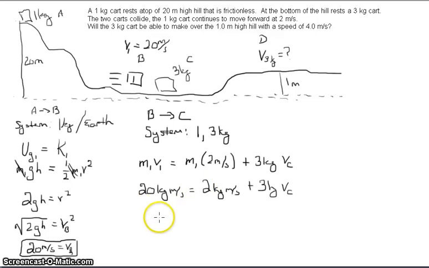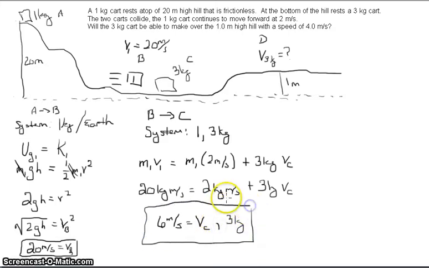Divide by 3, we get 6 meters per second as the velocity of the 3 kilogram cart at C. So now we know the 3 kilogram cart is going to be moving at 6 meters per second as it goes up the hill.